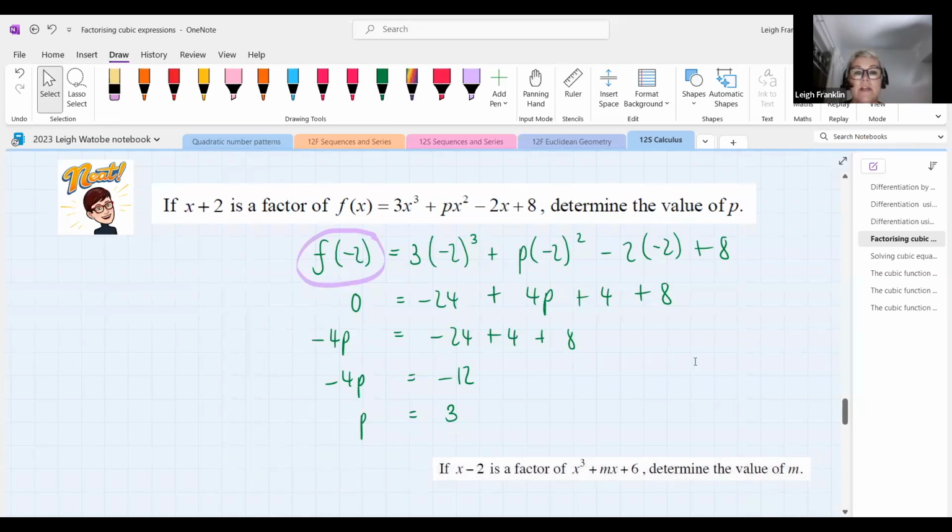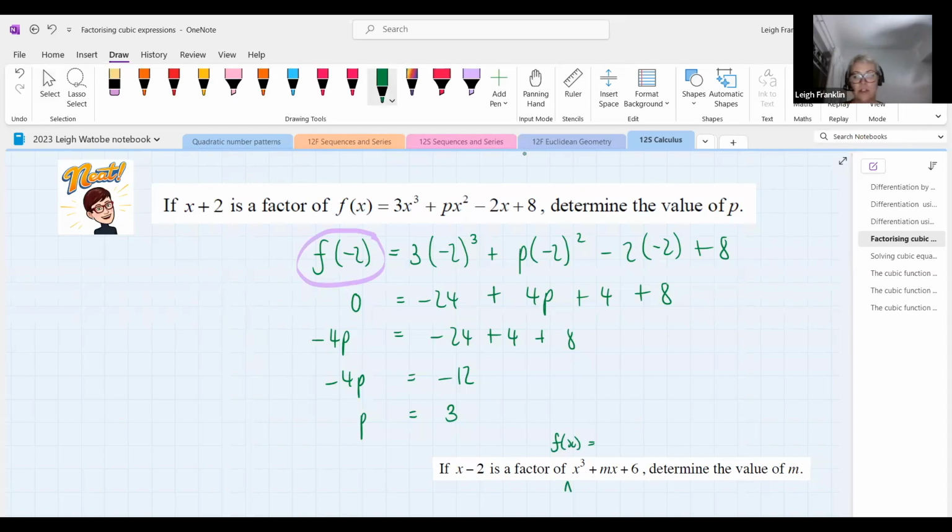If you want to take a screenshot, guys. If you want a bit of extra practice, you can try: if x minus 2 is a factor of f of x. The textbook's a bit naughty, they should have written f of x equals.